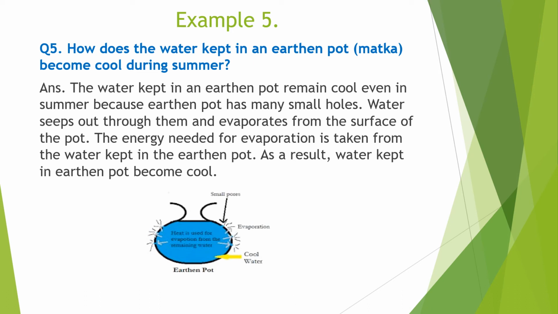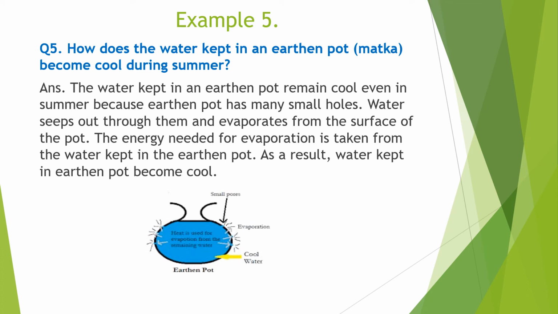You can see from the diagram, after seeping out, the water gets evaporated from the surface of the pot. The energy needed for evaporation is taken from the water kept in the earthen pot. As a result, the water kept in the earthen pot becomes cool, because we know that during evaporation some energy is lost.